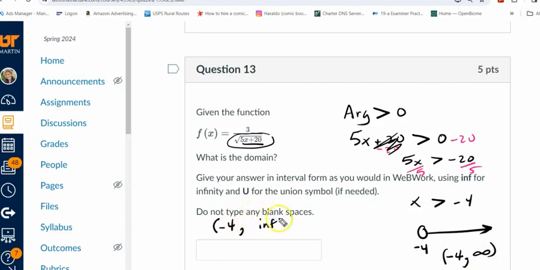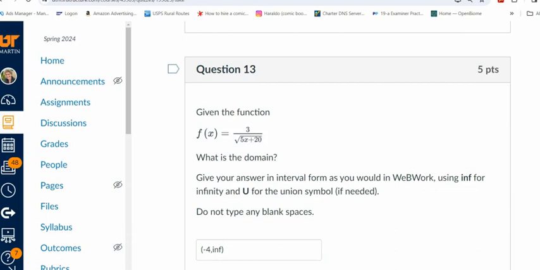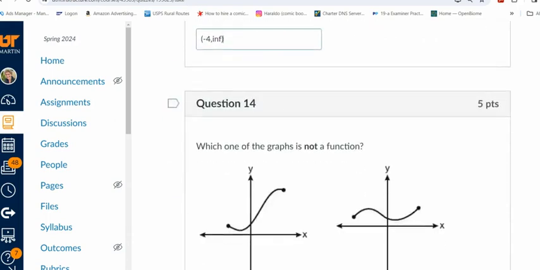And we don't want any blank spaces. So I'm going to type that in now, so that one should be everything that's needed there.